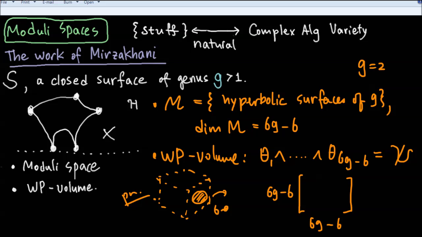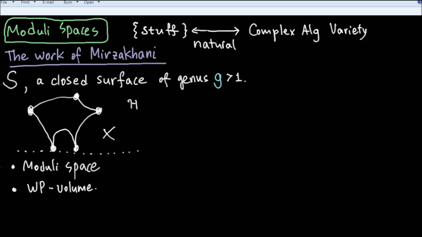Okay, let me summarize it here. This M is the moduli space of all hyperbolic surfaces of fixed genus, and I call psi the Weil-Petersson volume element, and she considers something like this.